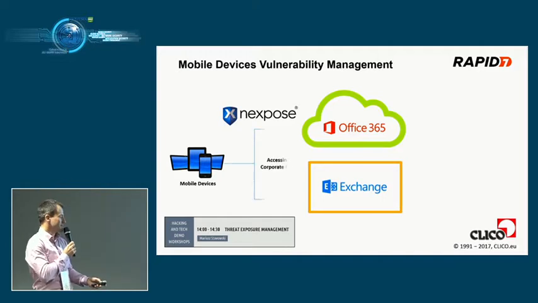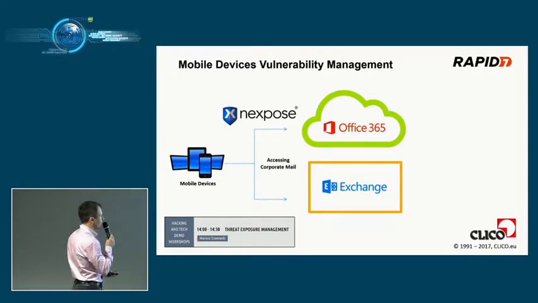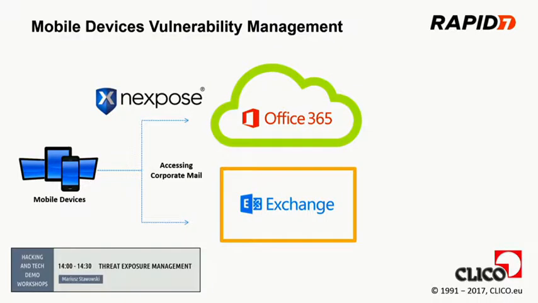For mobile devices, we need to look at the communication, active sync communication, for example, to Microsoft Exchange or communication to Office 365. And the scanner can connect to Active Directory and analyze active sync for information about application versions, operating system versions, and possible or real vulnerabilities available in mobile devices.